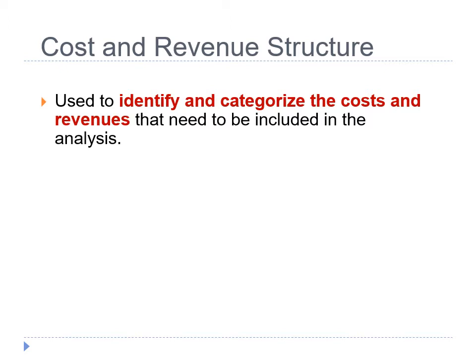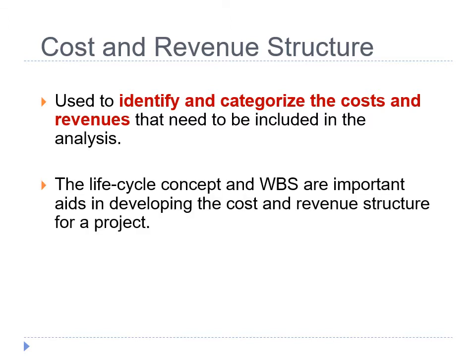The second basic component of the integrated approach for developing cash flows is the cost and revenue structure. This structure is used to identify and categorize the costs and revenues that need to be included in the analysis. The life cycle concept and work breakdown structures are important aids in developing the cost and revenue structures for a project.